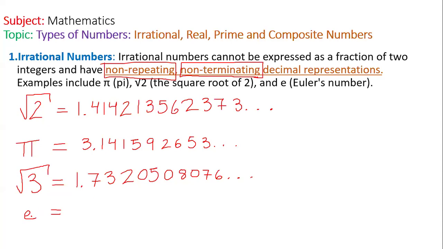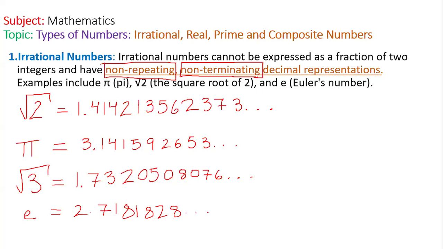Then you have E. E is a special number, which equals 2.7182818 and it continues, right? This is a special number, just like pi.